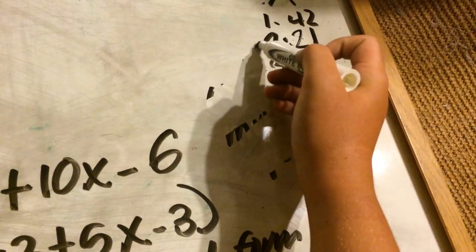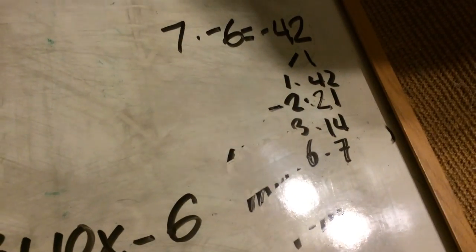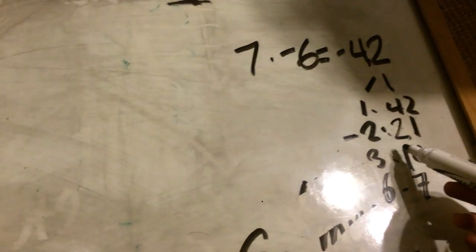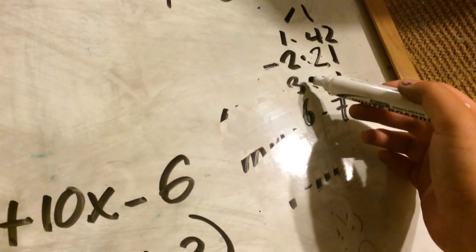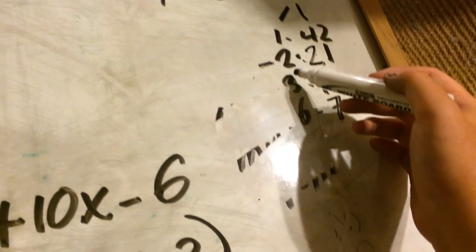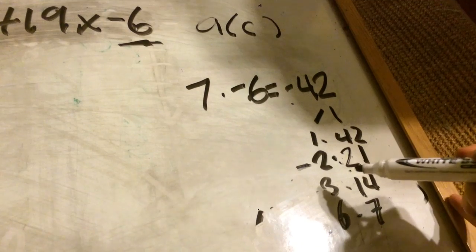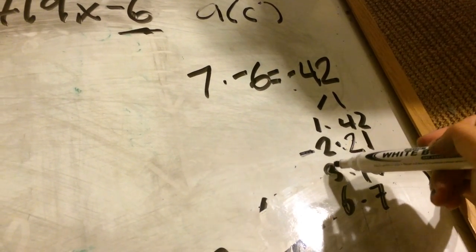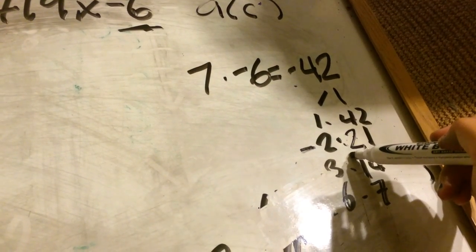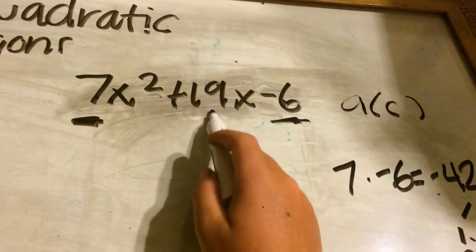Negating the 2, negative 2 times 21 is negative 42, and negative 2 plus 21 is 19.